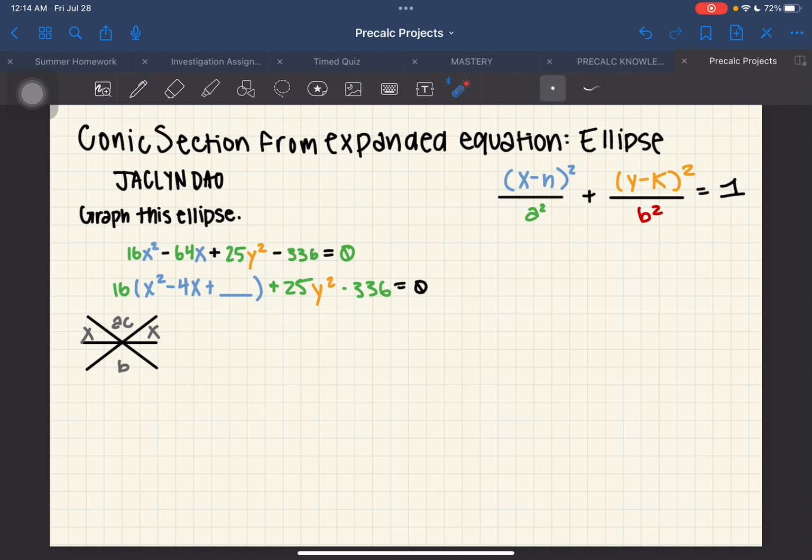The numbers at the side should multiply to equal AC while also adding to equal B. So let's plug in what we know.